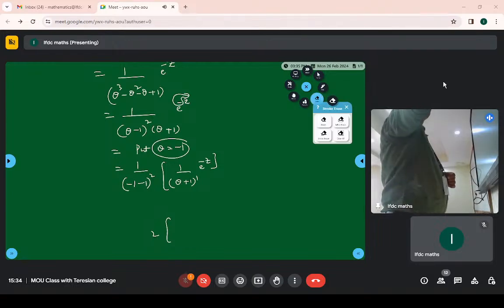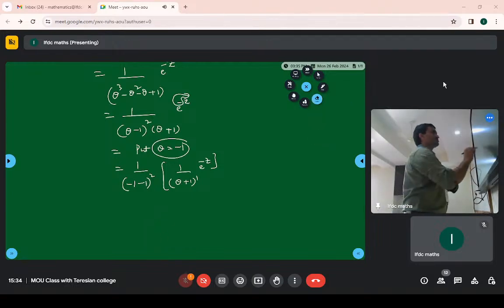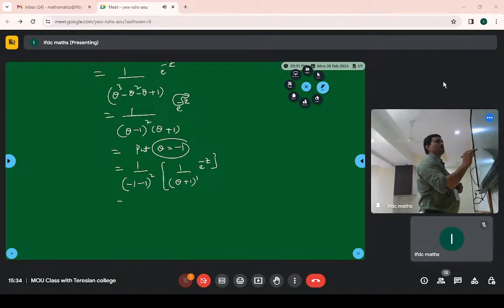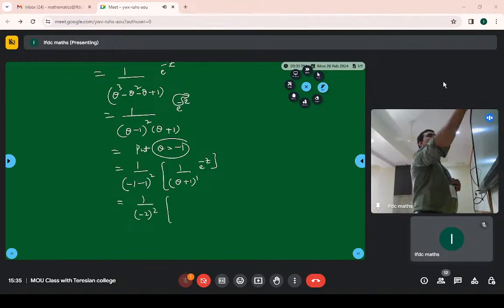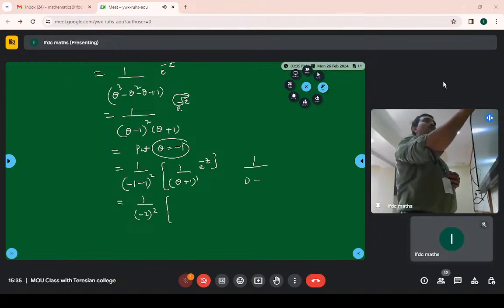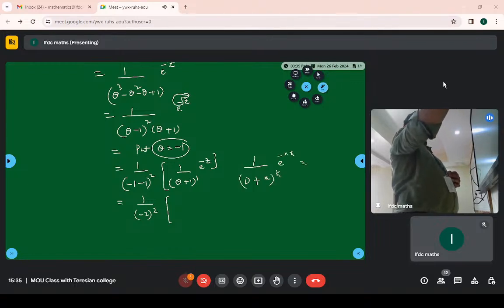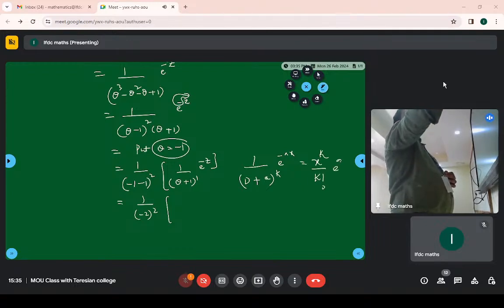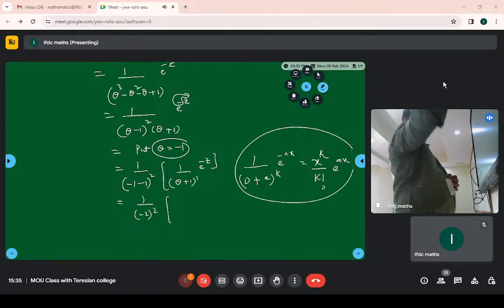Then if I want the answer for this, it is 1 by minus 1 minus 2 whole square, which is plus 4. This is the formula I gave in the morning: 1 by D plus a whole power k e power minus ax is x power k by k factorial into e power ax.